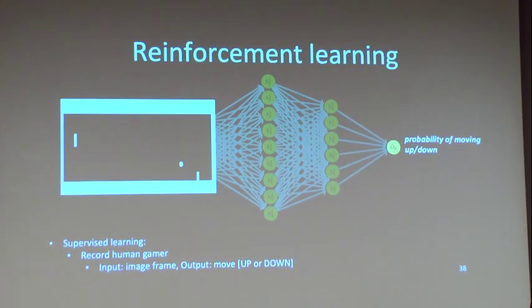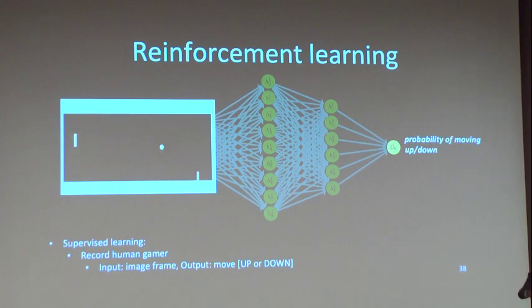Okay, so let me go back and discuss this approach with a simple example of Pong. So you all know this game Pong, and if you want to teach an agent to learn to play Pong, how can we do that? The supervised learning approach is, okay, we take these images and put in a neural net, and there is a human gamer who plays, and given a frame, he moves up, and given another frame he moves down.